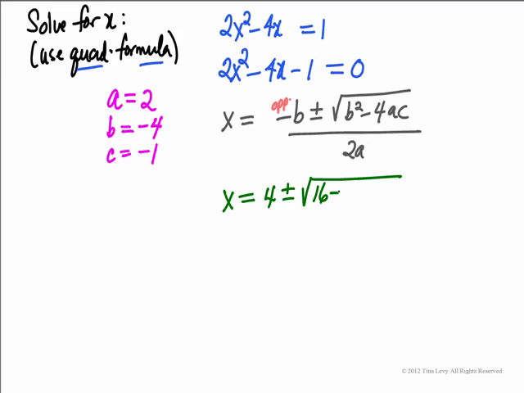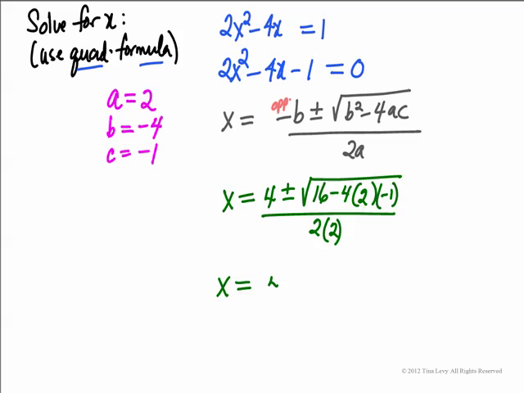Then I definitely put in minus 4 times a is 2 and c is negative 1. I definitely put those in the parentheses for multiplication, and then divided by 2 times a, which is 2. This step where I write minus 4 times this is important because it keeps the correct sign between them.